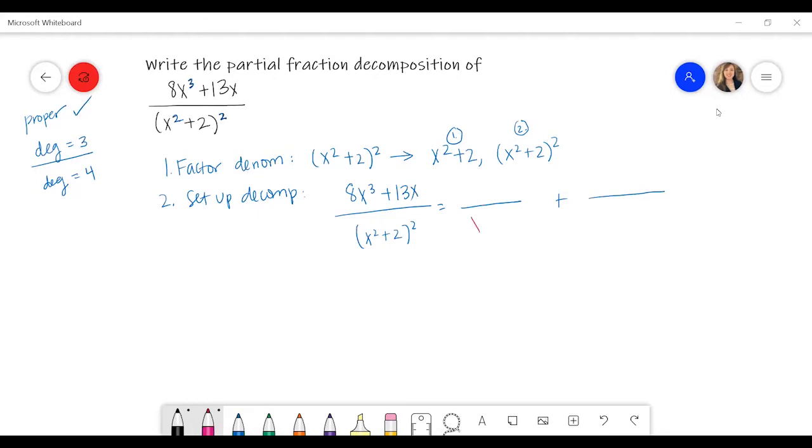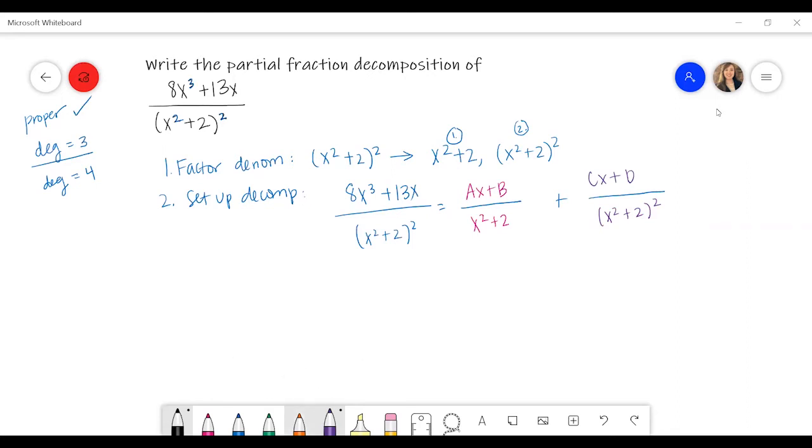So the first one, we're going to have x squared plus 2. Now remember, because the denominator is degree 2, we go up a degree in the numerator. So we have ax plus b. We're going to see pretty much the same idea in the second one. So this is going to be x squared plus 2 squared. And the numerator value is going to be cx plus d.